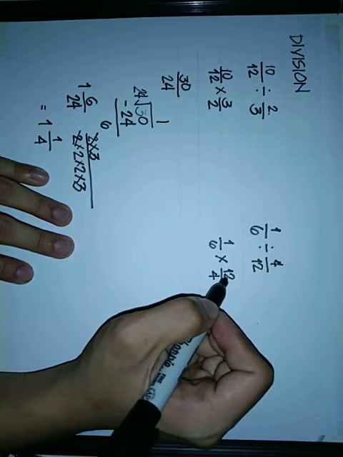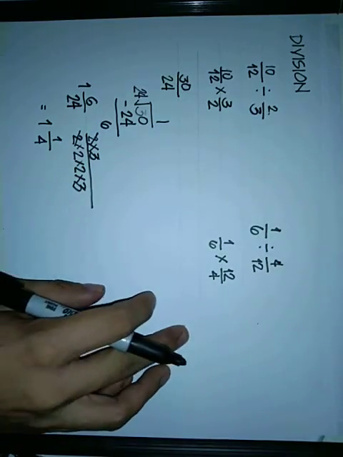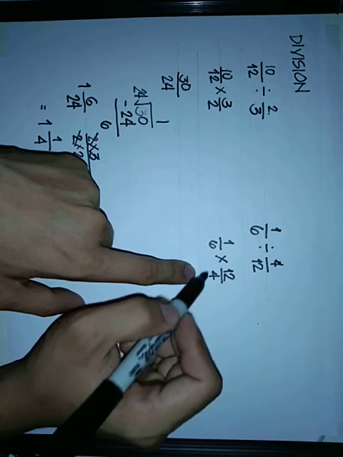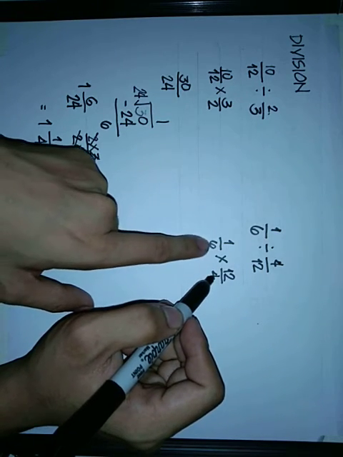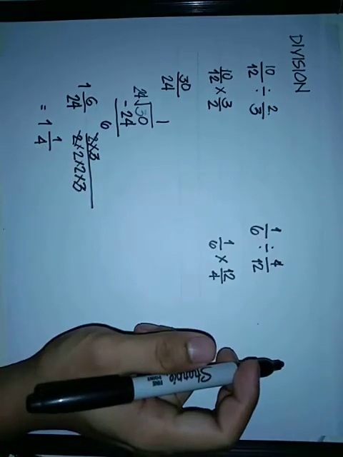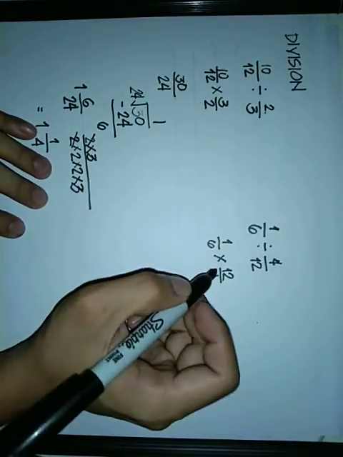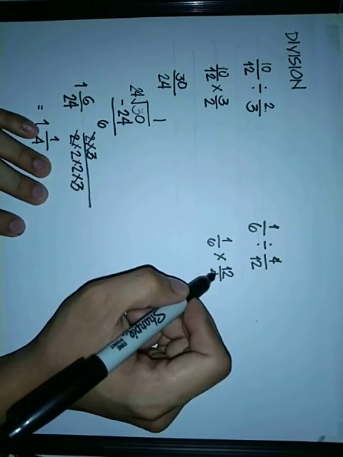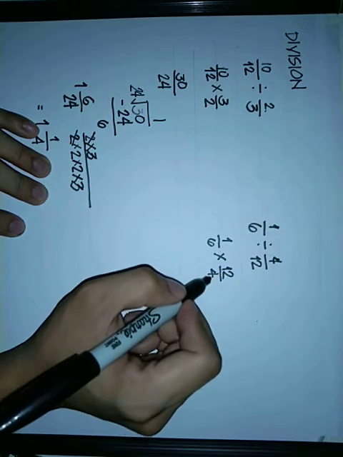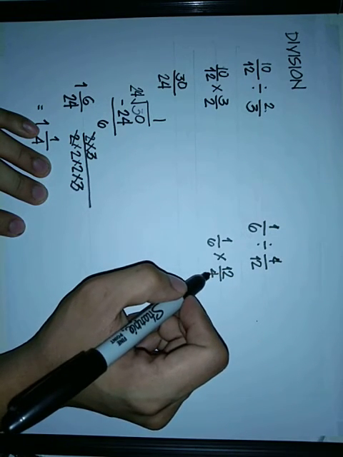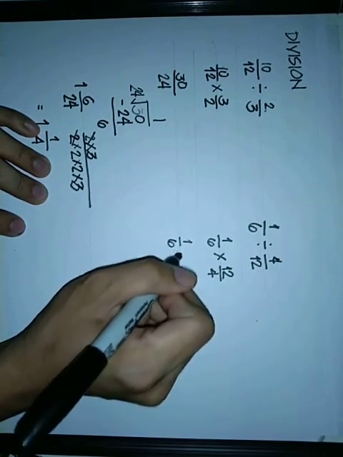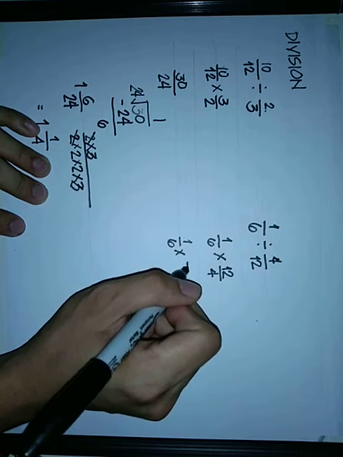And then as you can see, pwede tayong gumamit ng dalawang method. It's either we simplify this as a whole number, or we can cancel out yung 6 at saka 12. Either way, gagawin natin yan mamaya. So, unang natin gagawin is yung atin munang kuhanin as whole number to. Kasi 12 divided by 4 is equal to 3. So, we will have 1/6 times 3.